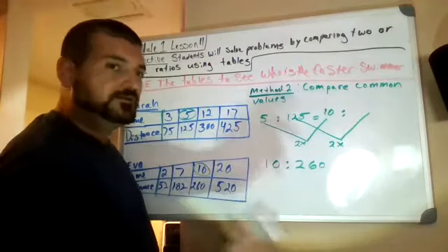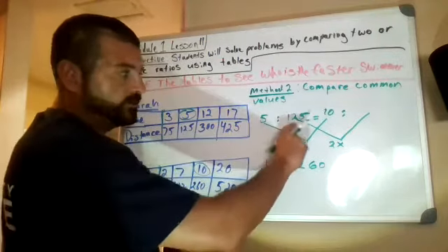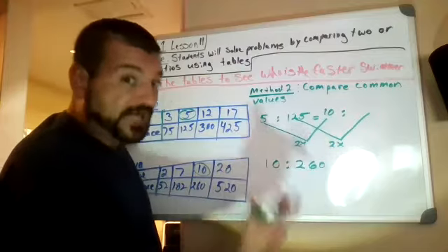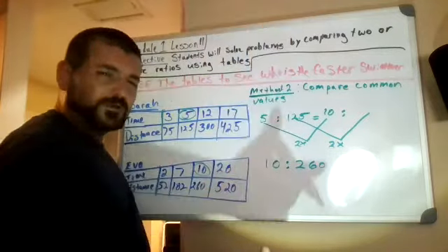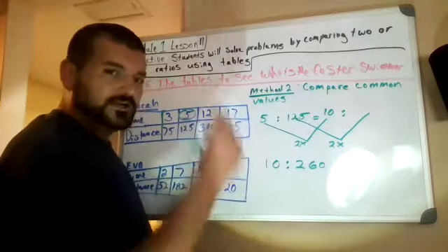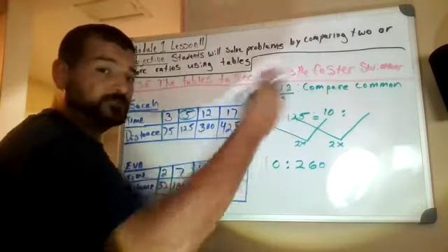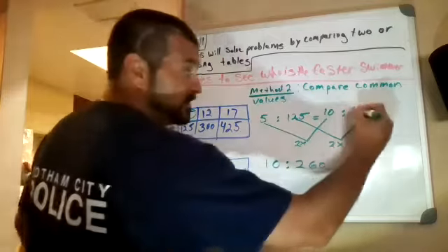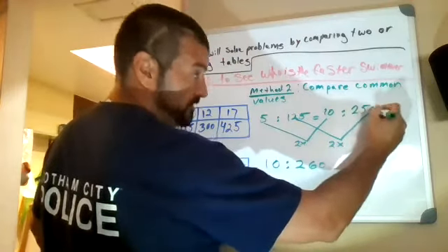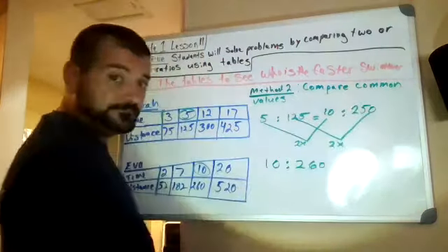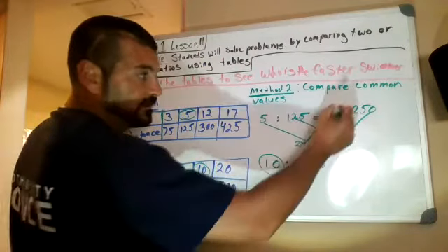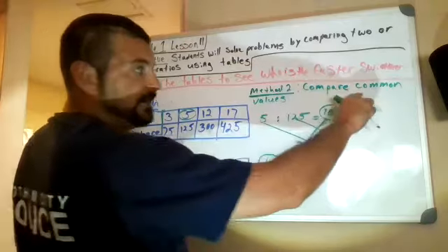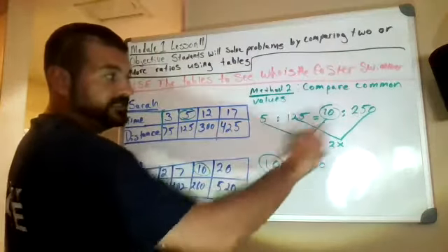So 125 times 2 equals, and some kids actually had a hard time doing this today. And I said, you know what? Don't think of it as 125. Make it $1.25. All of a sudden, it's like light bulbs go off. $1.25, I can do that. $1 and $1 is 2 and 25 cents and 25 cents is 50 cents. So it's $2.50. But remove the decimal, it's 250. Now you have a common value, 10 and 10.